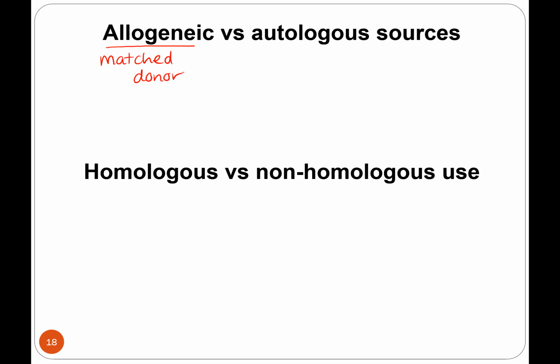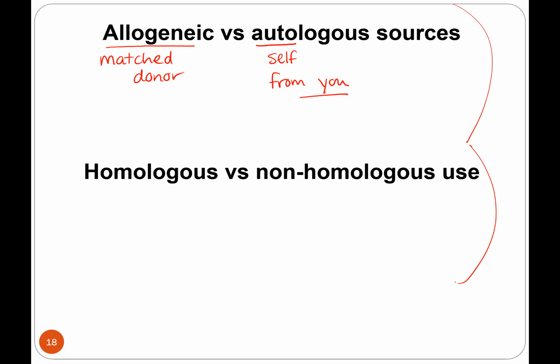They're matching as best they can. An autologous, so auto means self. So automobile is self-moving. And so this is getting the cells from you.